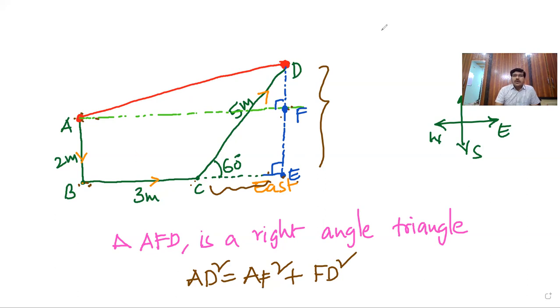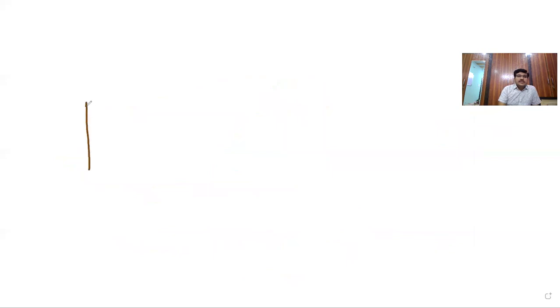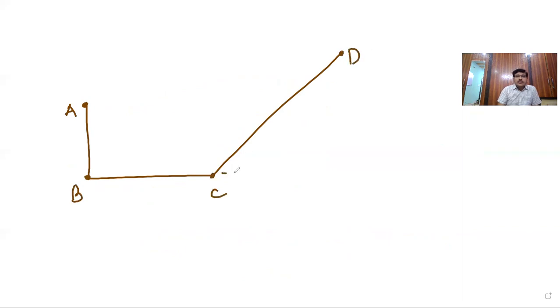Okay. Observe here, I am rewriting this figure again, highlighting A, B, C, D. Again, this is extended. This is the perpendicular drawn.